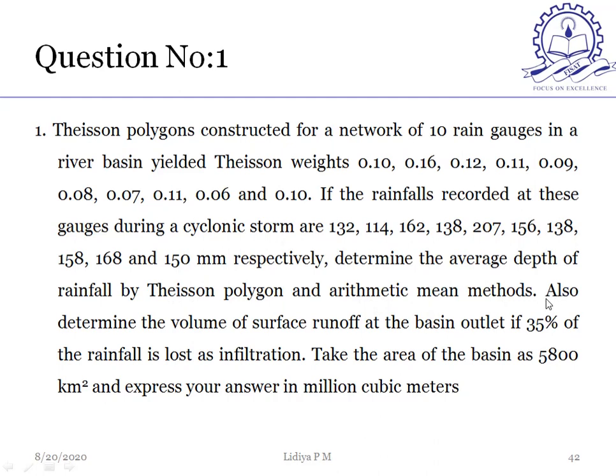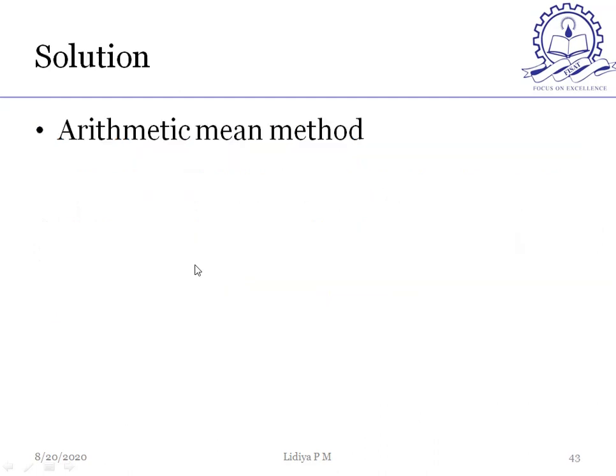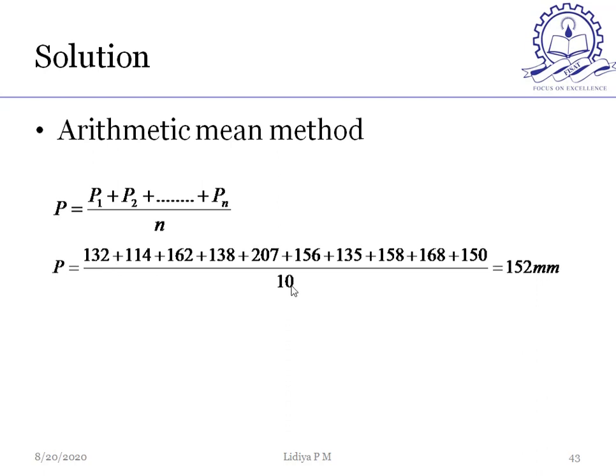In the arithmetic mean method, you consider the rainfall data and take the average of that rainfall. So this is the equation and we are simply taking the arithmetic mean. There are 10 rainfall data, so we are getting the average rainfall as 152 mm.